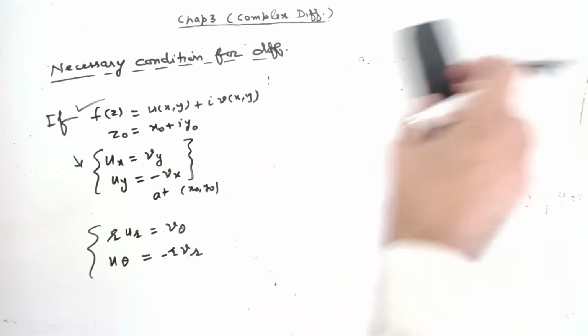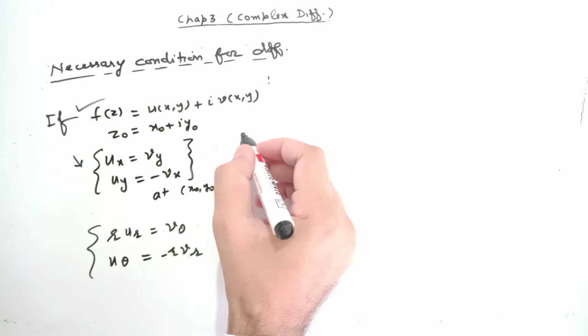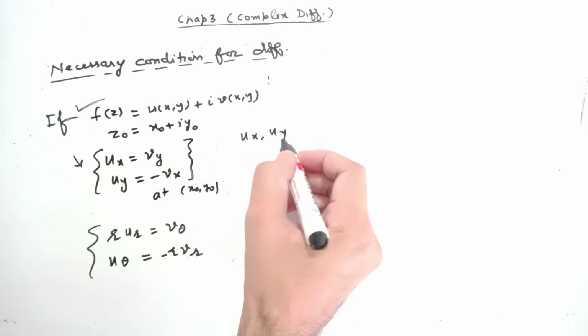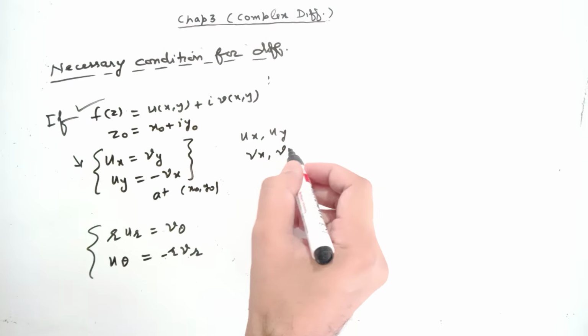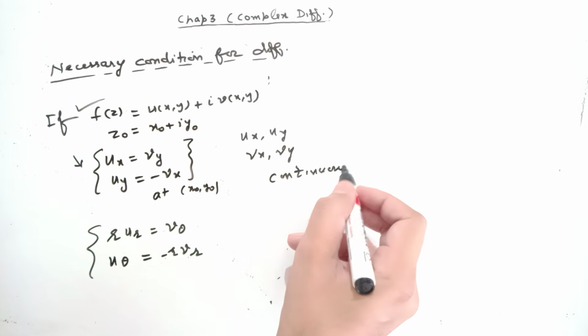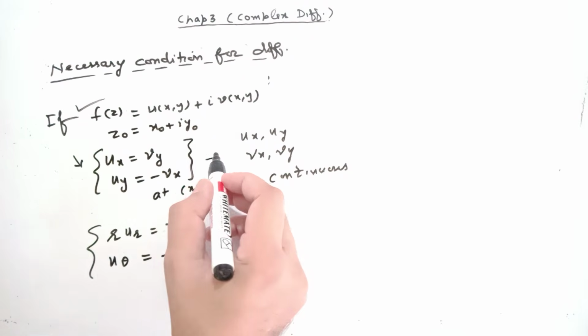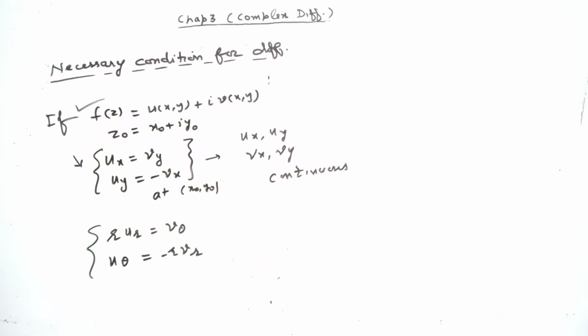CR equations are satisfied, and along with this, these four partial derivatives ux, uy, vx, vy should be continuous at the point (x0, y0). If these are continuous also along with CR equations satisfied, then you can say that the function is differentiable.